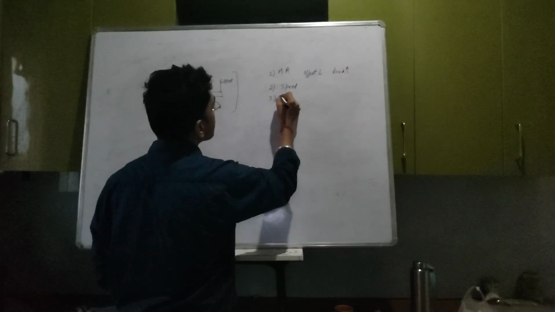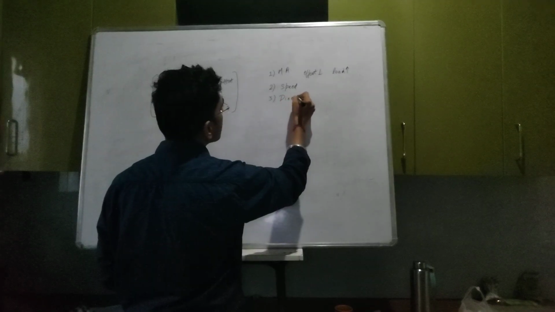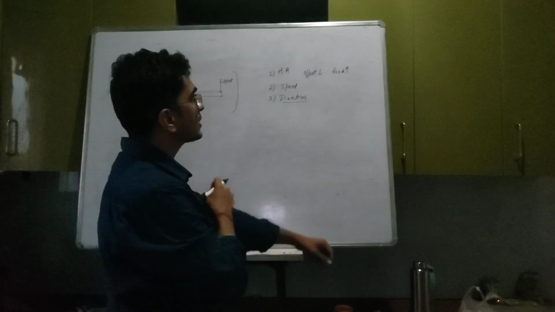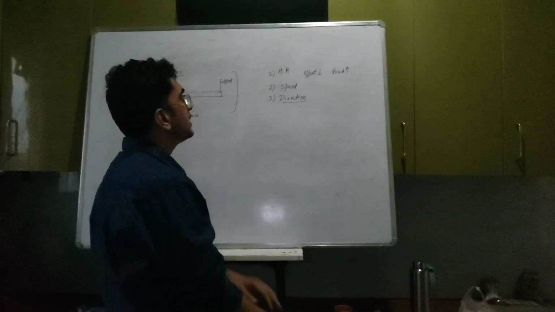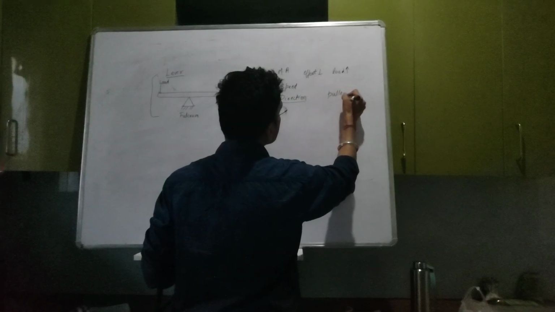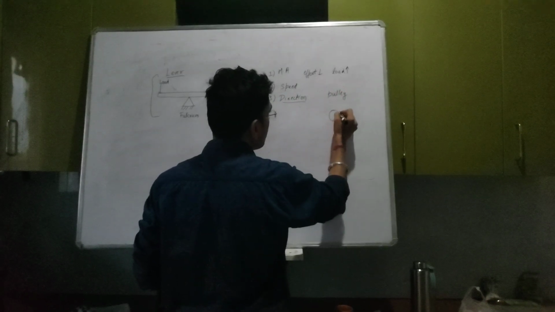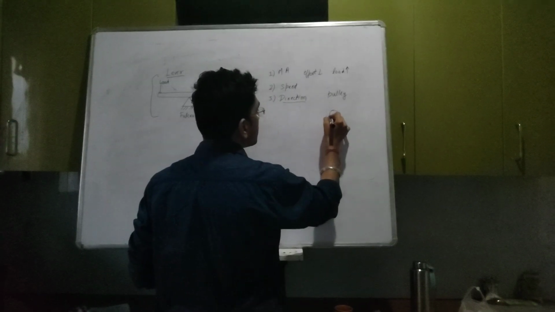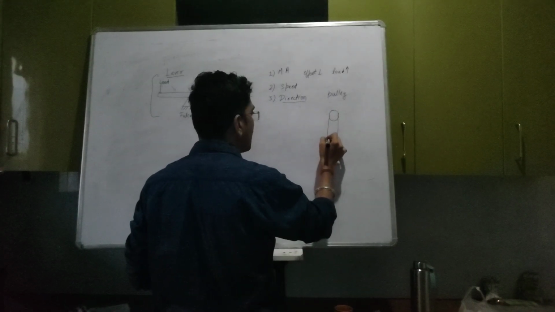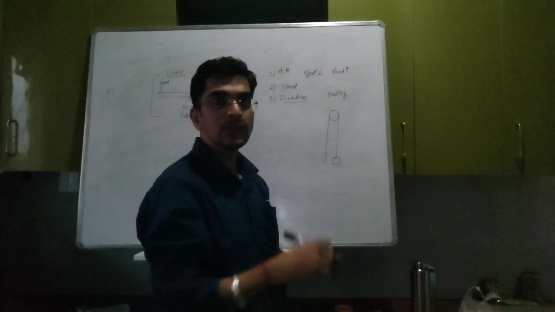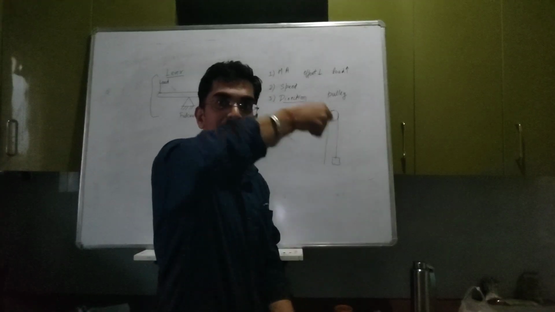Third is direction. Sometimes it is convenient to change the direction of effort to easily lift the load. For example, a pulley. In villages, people pull water out of a well, so it is convenient to apply effort like this so that the water comes out rather than pulling like this.